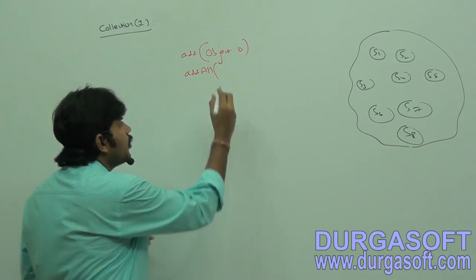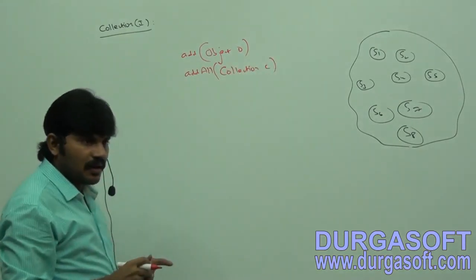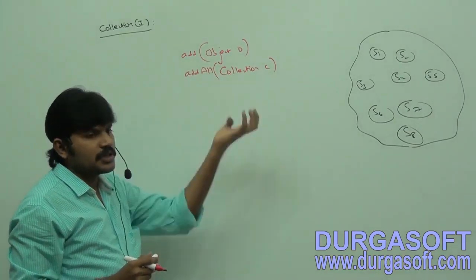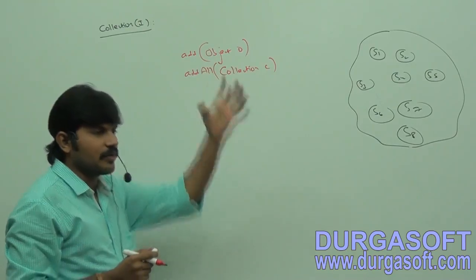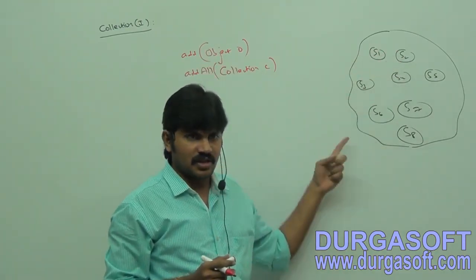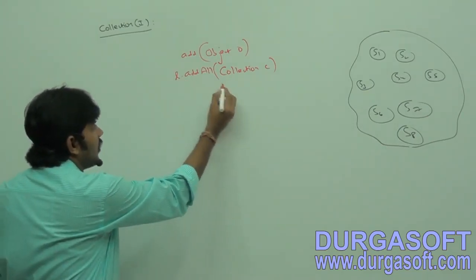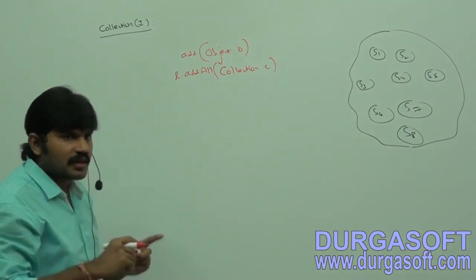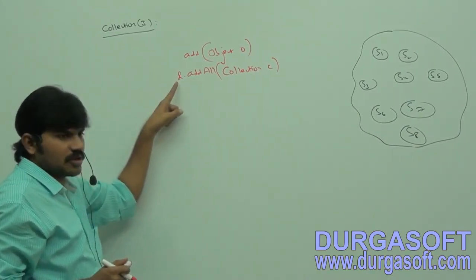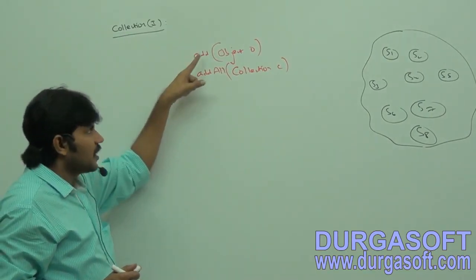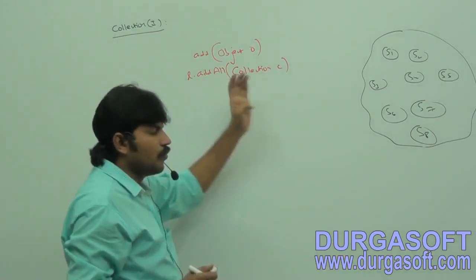So in this collection 10 objects are there, and all of them will be added to the main collection object. Suppose l.addAll(c): whatever the 10 objects present inside collection c will be added to this ArrayList object. So the add method adds a single object, and the addAll method adds a group of objects.